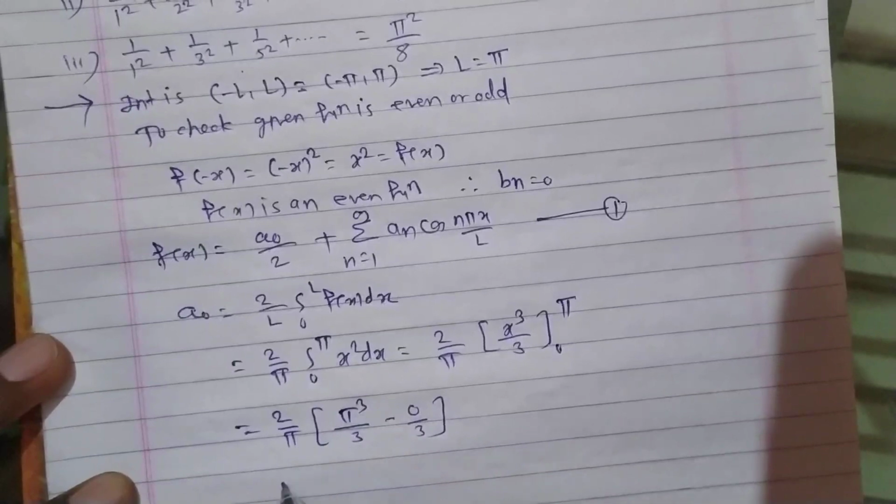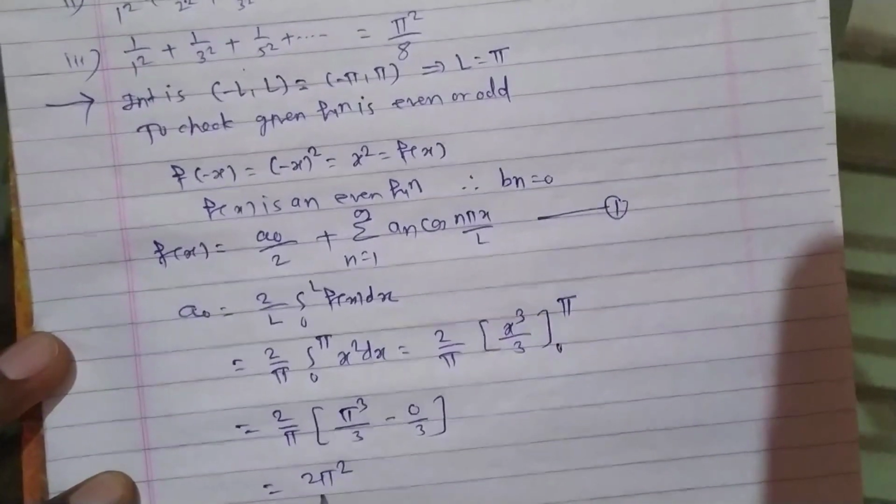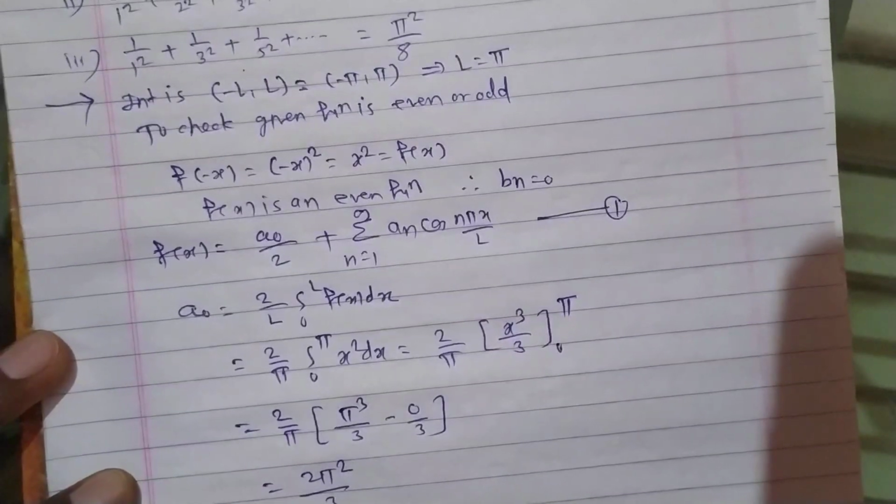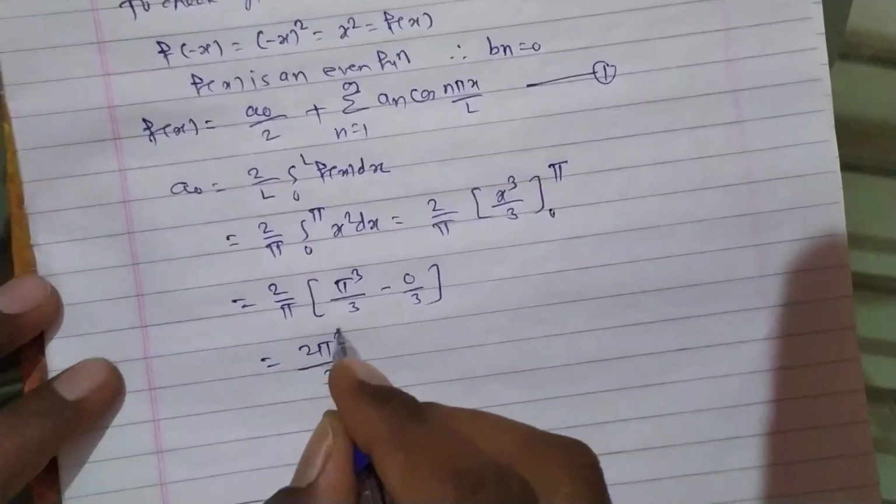So π³ upon π, one π gets cancelled, that is 2π²/3. This is the value of a0.